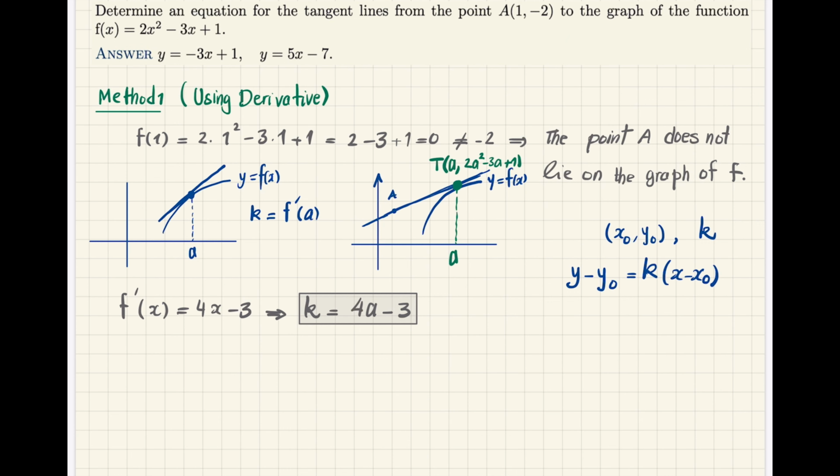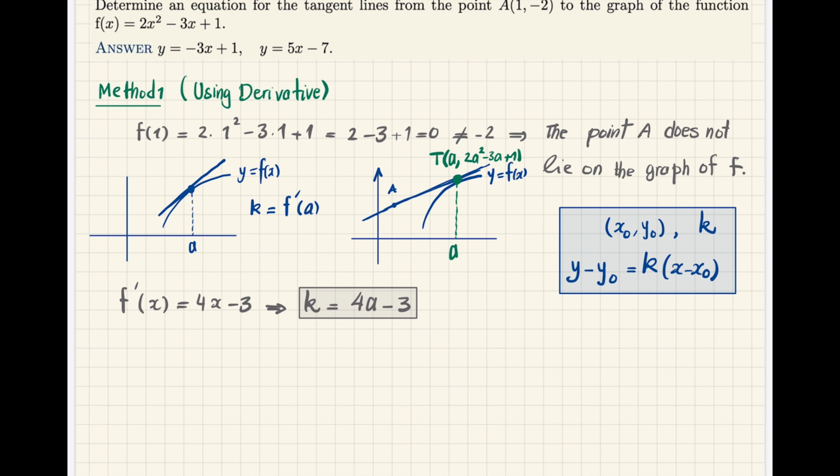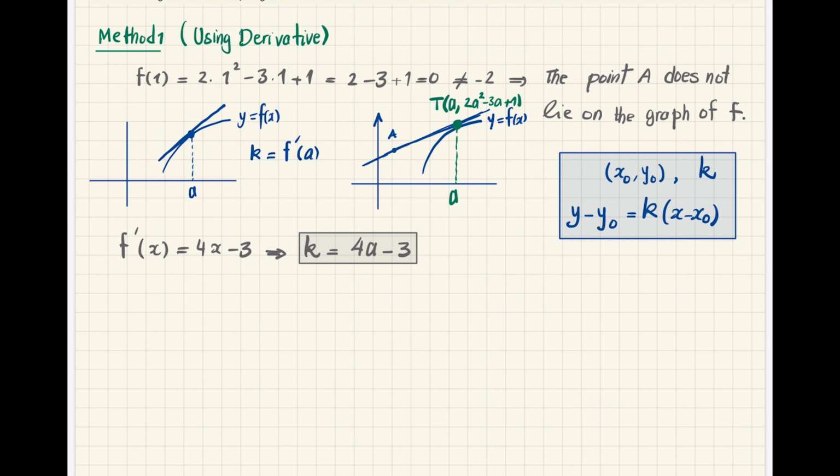Yes? So I want to use this to write an equation for the tangent line. So I would write y minus y naught, but y naught is this point, which is 2a squared minus 3a plus 1, equal to k, which is 4a minus 3, times x minus a.